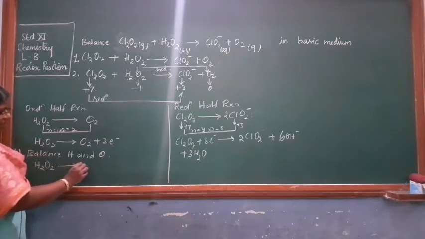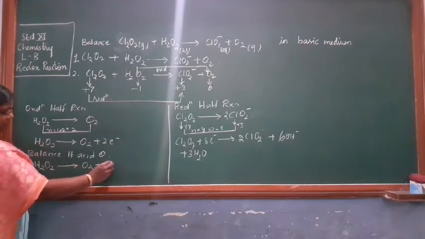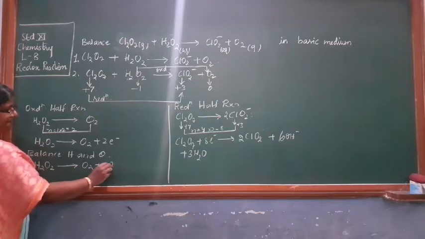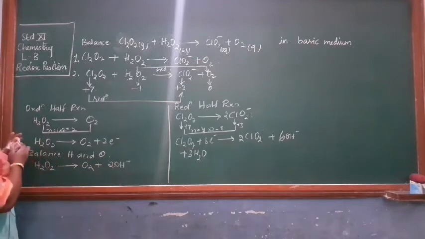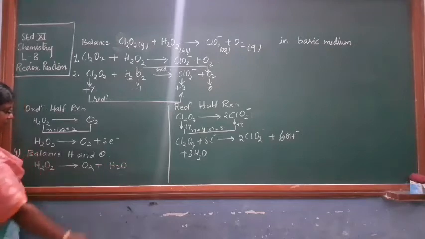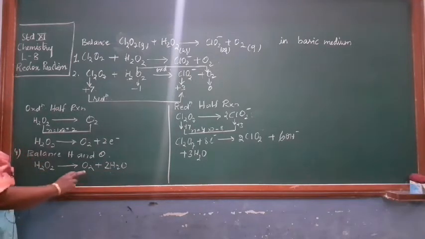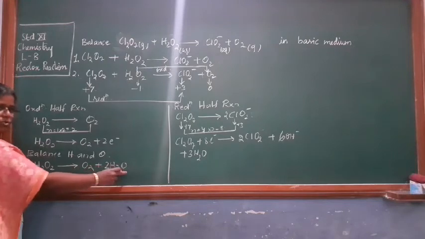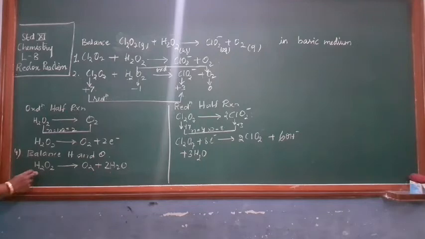So if I write it O2 plus H2O if I put here, so oxygen how much? 2 oxygen, 2 oxygen, ठीक है. लेकिन हाइड्रोजन कितना हो गया? 4 हाइड्रोजन हो गया, यहाँ पे 2 ही हाइड्रोजन है.